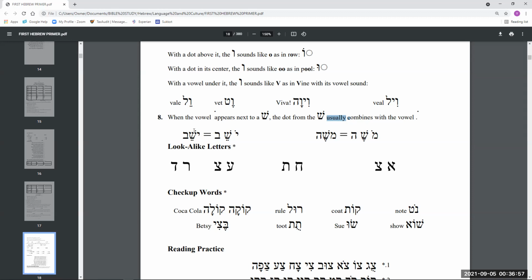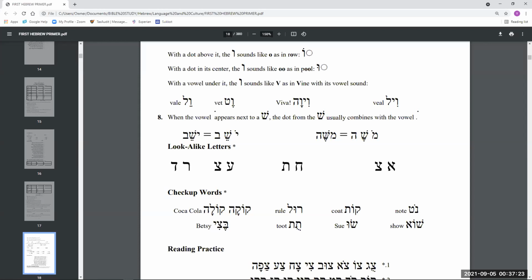It would be represented as a cholam. So it would be pronounced Osheb. So that yod is going to take on the cholam sound from the shin. Remember, not the sin. The sin would have the dot to the left, just the shin.